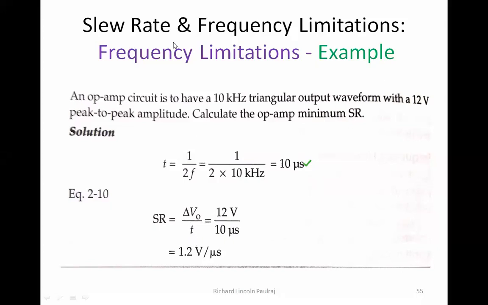So time, anyway, we know that, it's here, right? So this value, we just bring it down. And 12 volts is already here with us in the question, right? So 12 volts divided by 10 microseconds. So are we getting about 1.2? Simple math, right? 12 and then you take one decimal, it becomes 1.2 volts per microsecond. Is that clear? Are we getting these values?